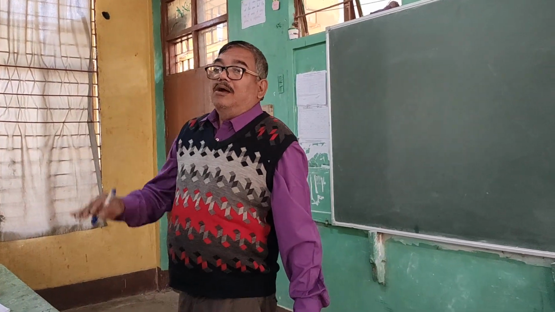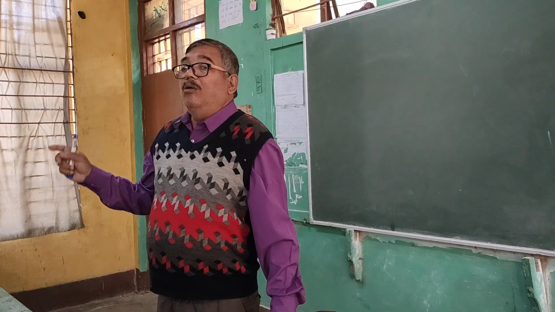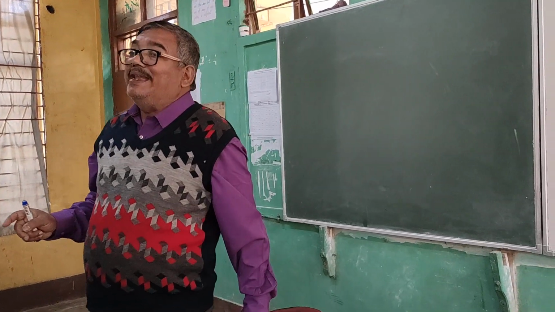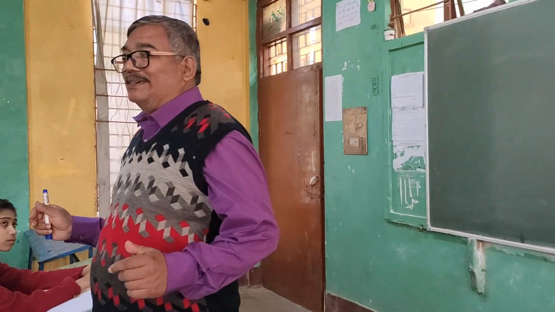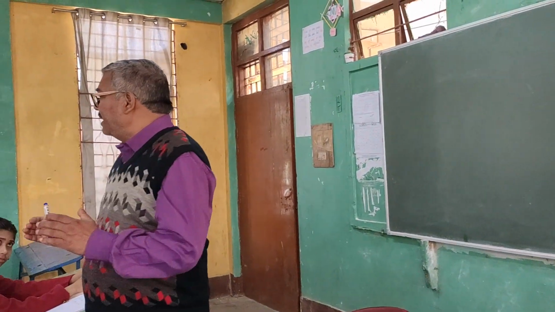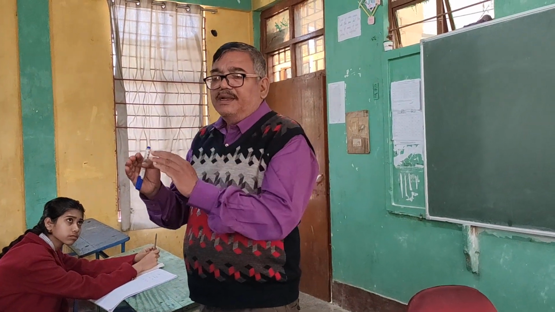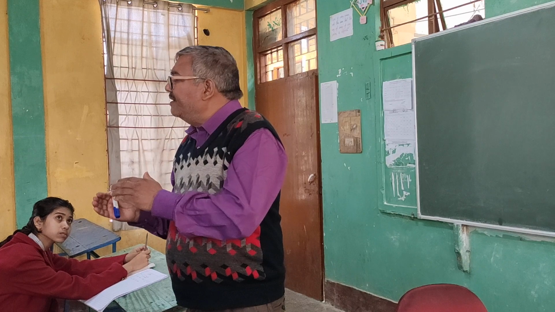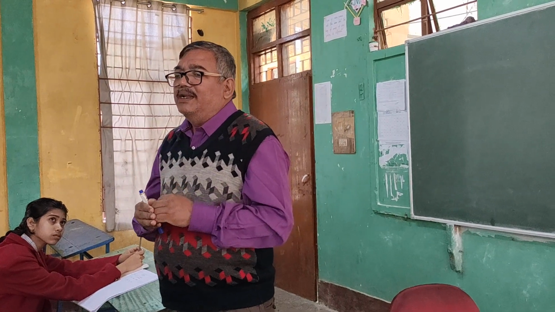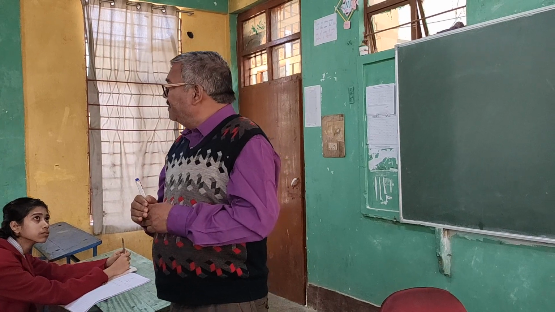So these are all examples of intransitive verbs, because in all these sentences, you are finding that the sentence pattern is subject plus verb where the object is missing. So if the sentence pattern is subject plus verb, then the verb is an intransitive verb. And if the sentence pattern is subject plus verb plus object, then the verb is a transitive verb.